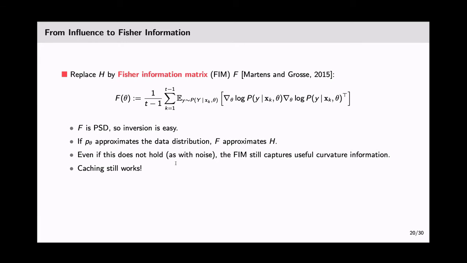And even if this doesn't hold, like in our case, since we have noisy data, the Fisher information matrix still captures useful information about the curvature. And again, the caching that I showed you before still works even in this case.